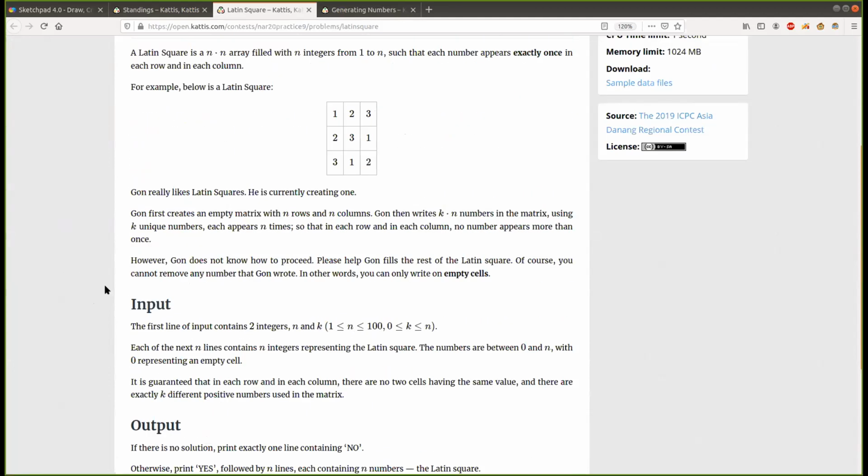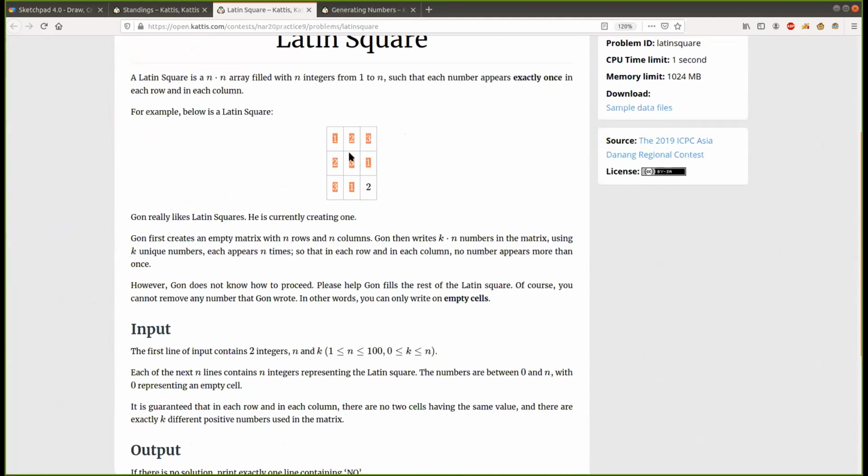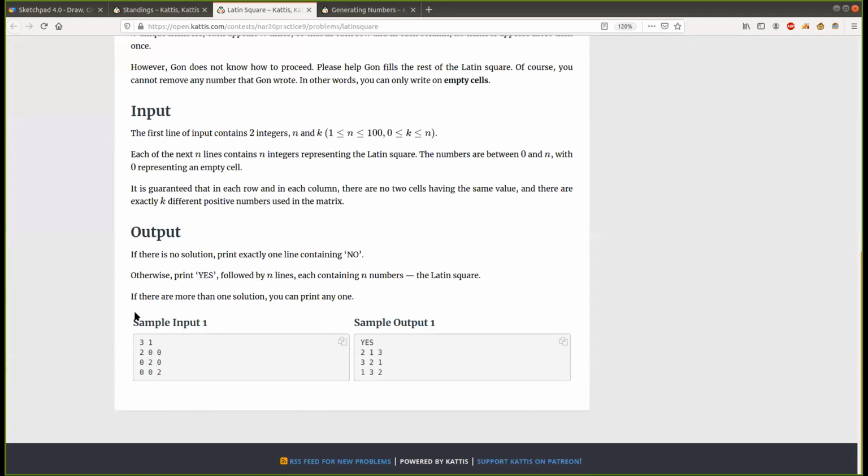The problem is that a Latin square is defined as a grid where each row and each column has every number from 1 to n appear exactly once. We know the positions of K of the values, and we want to complete it as a Latin square. If there are multiple, we can print any. And if it's impossible, then we should print no.